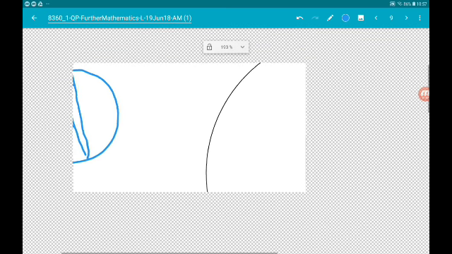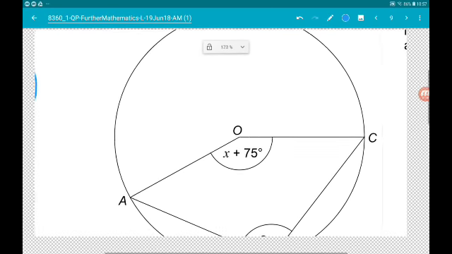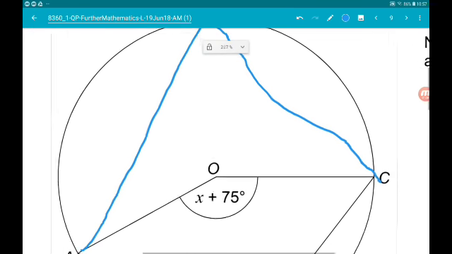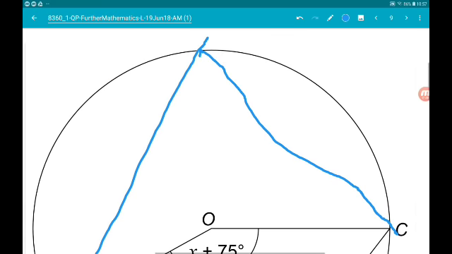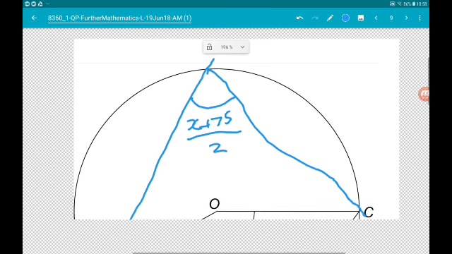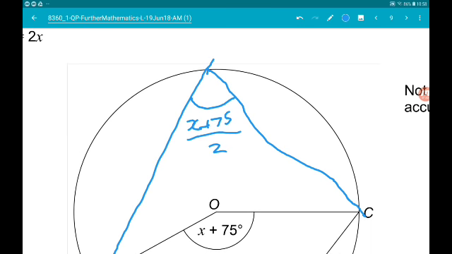So what we can do, because O is the centre, we can draw lines like this and create ourselves this little arrowhead. So now what we know is that this angle up here is x plus 75 all over 2. So it's half of that angle at the centre.